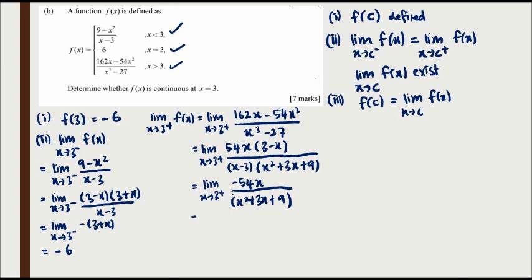And then after that we can do direct substitution. If we substitute 3 over here, you will get negative 6 also.